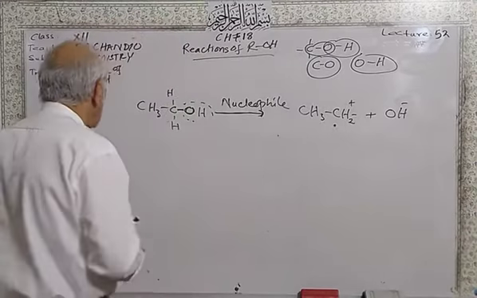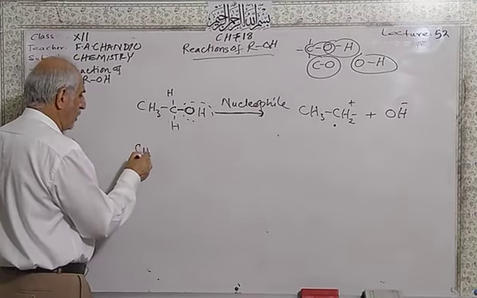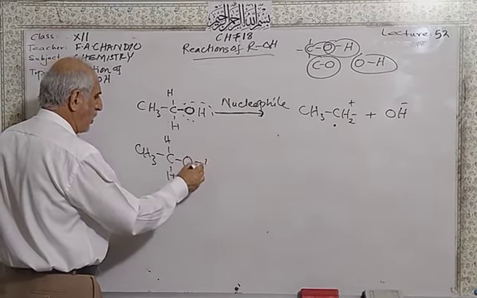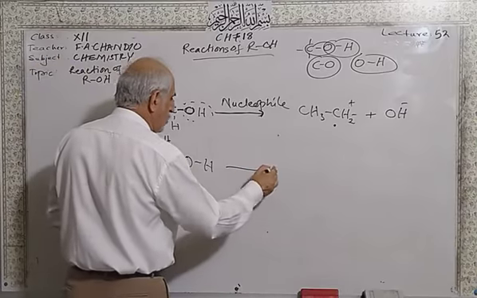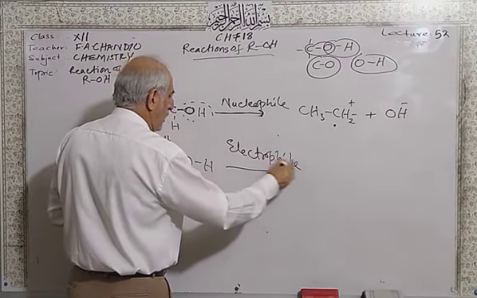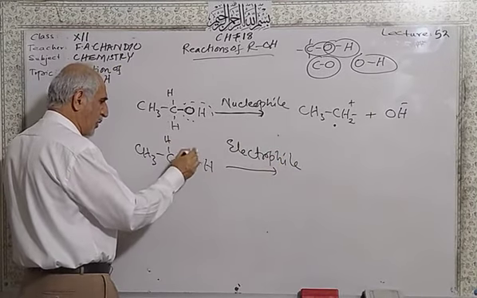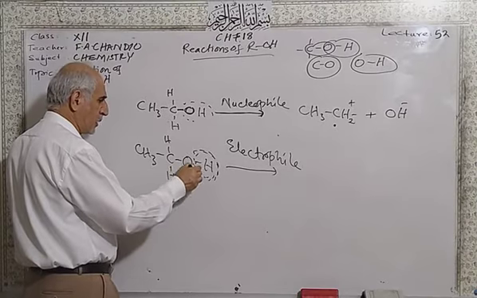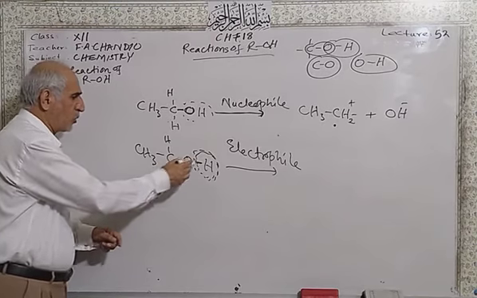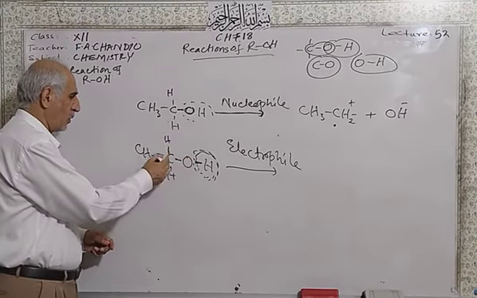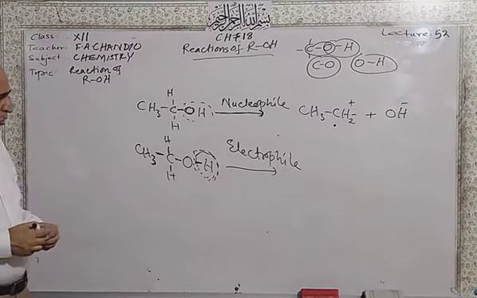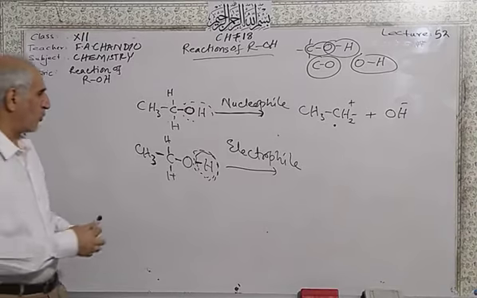When an electrophile is going to be used here, then the oxygen-hydrogen bond is broken, meaning the proton is going to be removed from here like this. So this hydrogen is going to be removed from here.